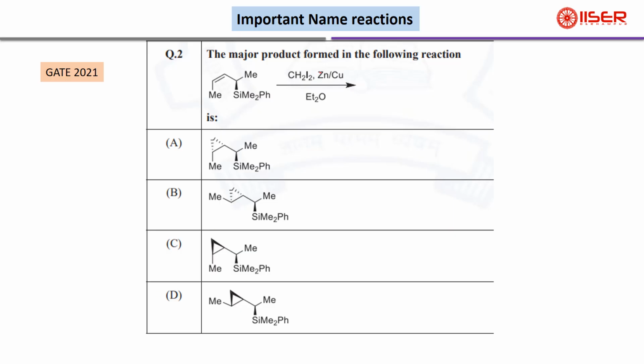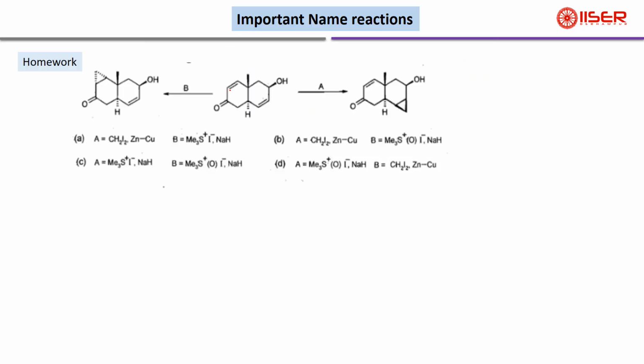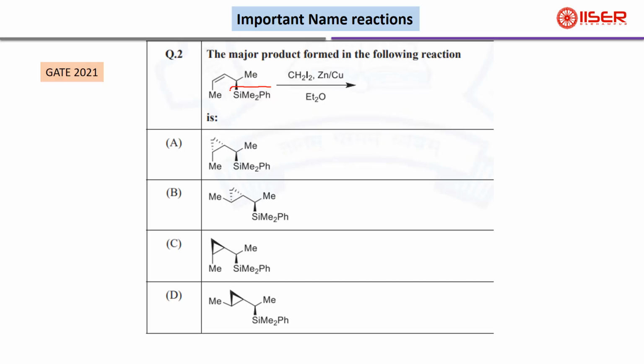This is a Simmons-Smith reagent. As the zinc is above the plane, it will create a huge steric hindrance for this large compound. Because of that, as it is a single step reaction, and as it is above the plane, this reagent will approach from below the plane.